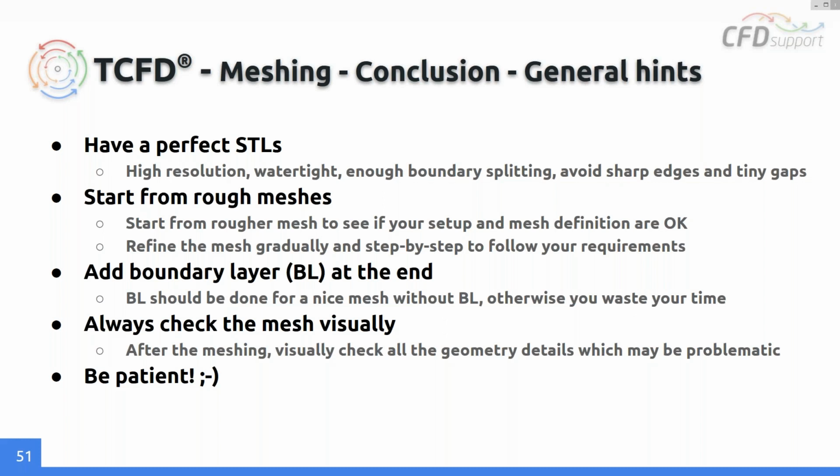For example, if you have a clearance, check if the mesh is okay or if there are some holes in it, and follow your current mesh topology. And of course, sometimes be patient, because if you have really complex geometry with a lot of boundaries and a lot of problematic parts, you have to go really step by step to get a nice mesh.